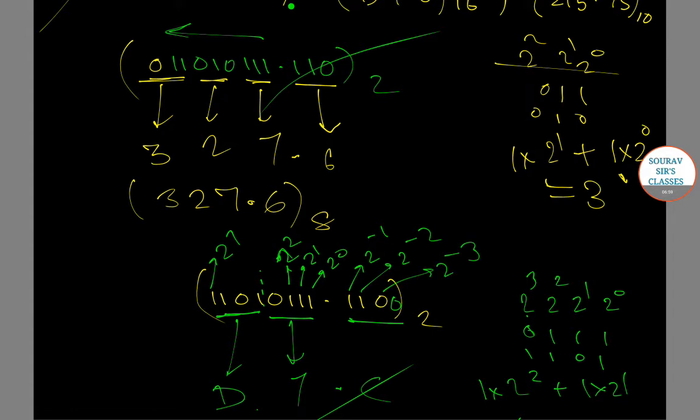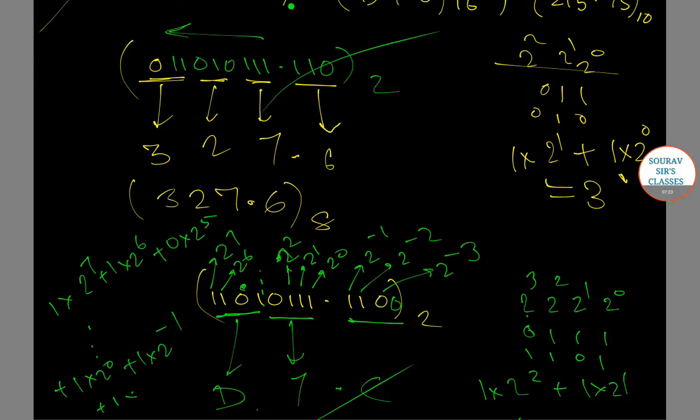So basically we will have to add 1 into 2 to the power 7 plus 1 into 2 to the power 6, plus 0 into 2 to the power 5, and similarly we go on, and at the end we will have 1 into 2 to the power 0 plus 1 into 2 to the power -1 plus 1 into 2 to the power -2 plus 0 into 2 to the power -3.